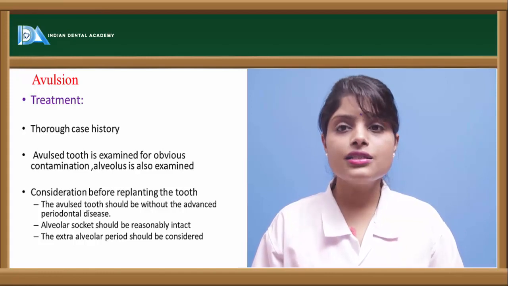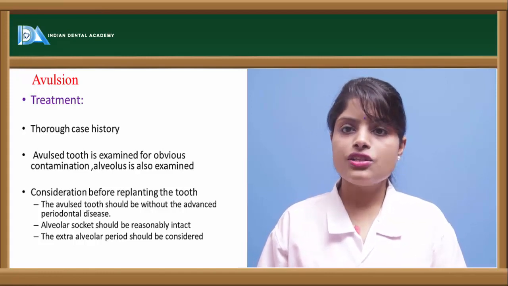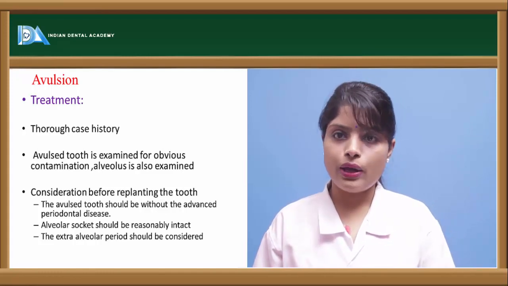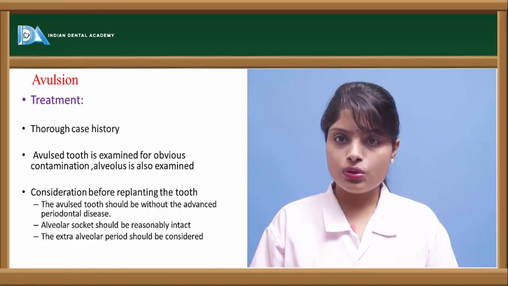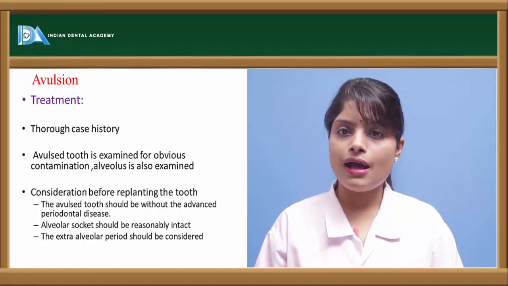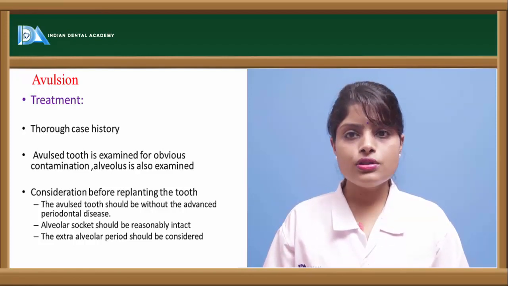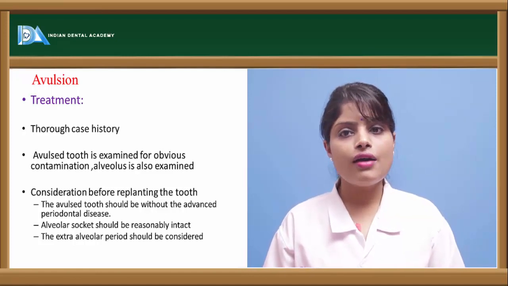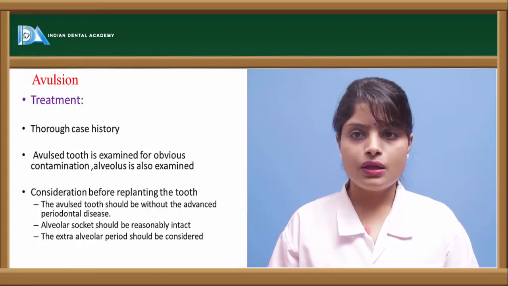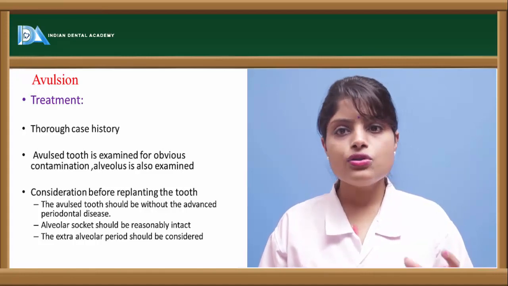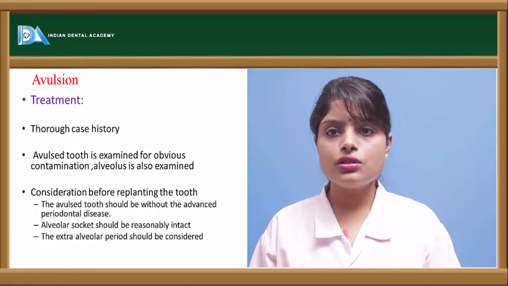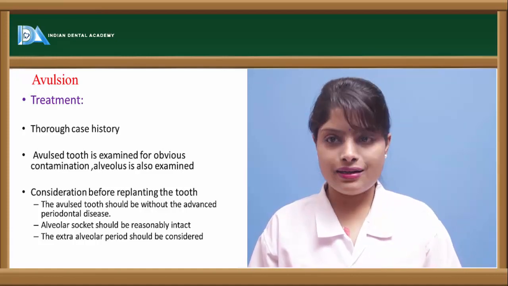But there are various considerations on which the treatment plan will depend, whether the avulsed tooth is not related to any pathosis or pathology of any kind. Otherwise, the prognosis of re-implantation of the avulsed tooth will be very poor. The condition of the alveolar socket, whether it is comminuted or the walls are intact.